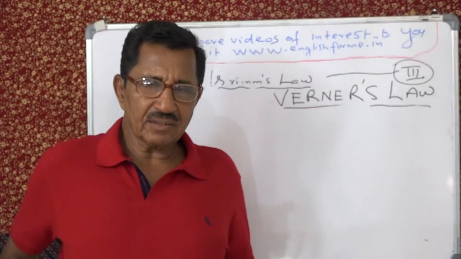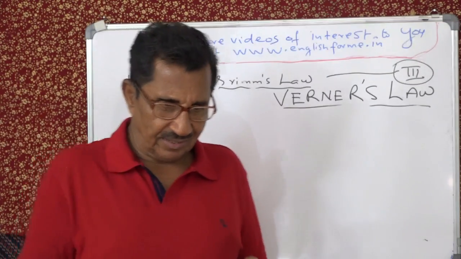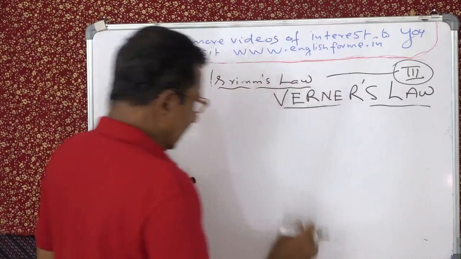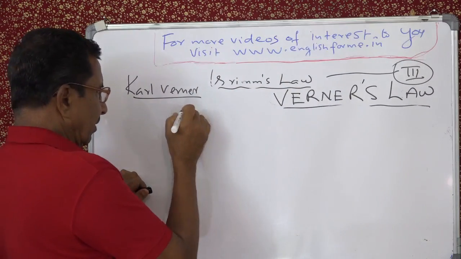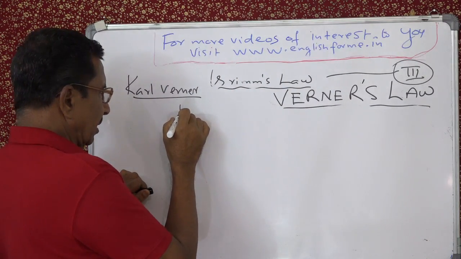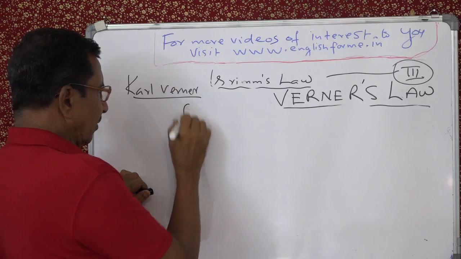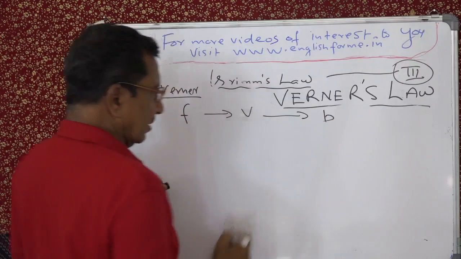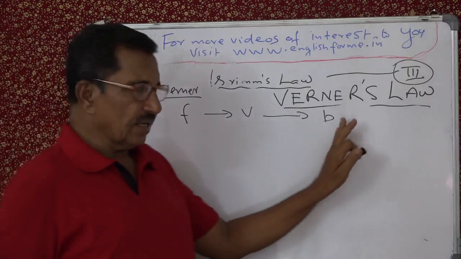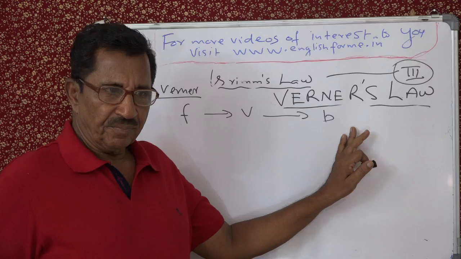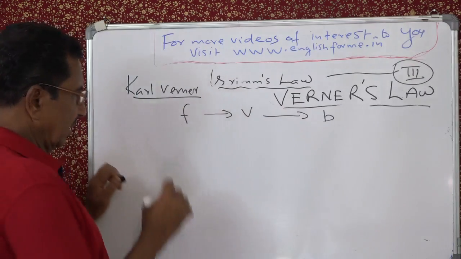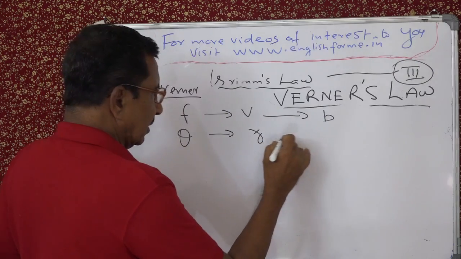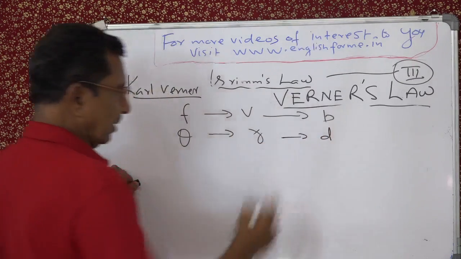Now Verner has made 3 statements. That's very interesting. He says these changes take place: f becomes v, and verb becomes b, in the first case. Again he says th becomes the and that becomes the.